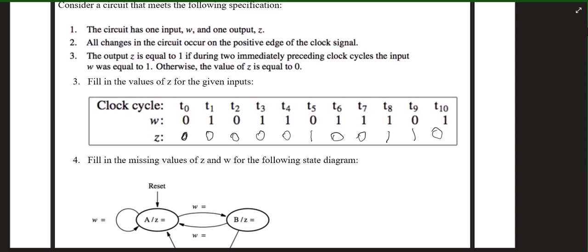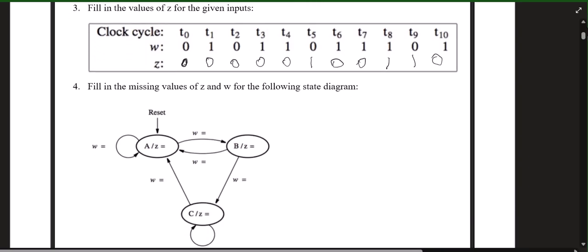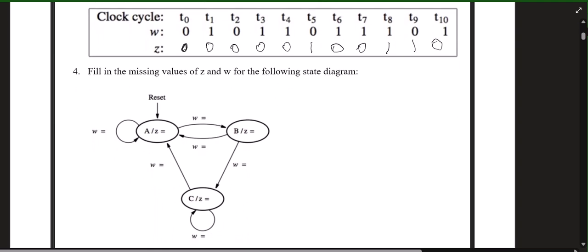All right. So now what we have to do before I can do this state diagram is I have to figure out what my states are for this machine. Because I'm told there are 3 states, I know there are 3 states, but if I weren't told, I would just have to try to figure it out.